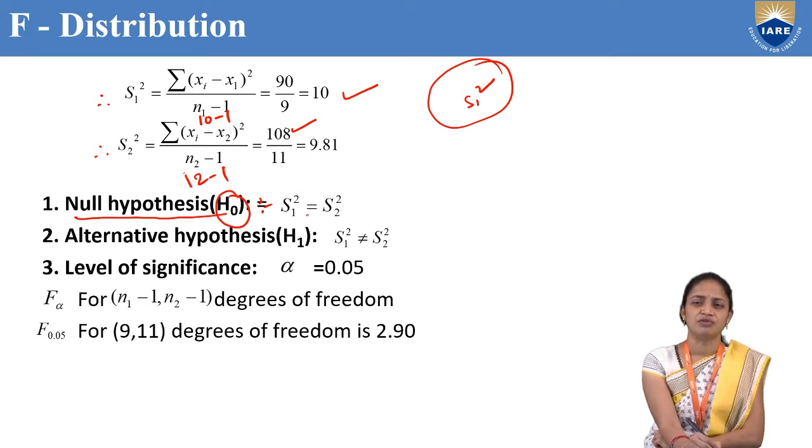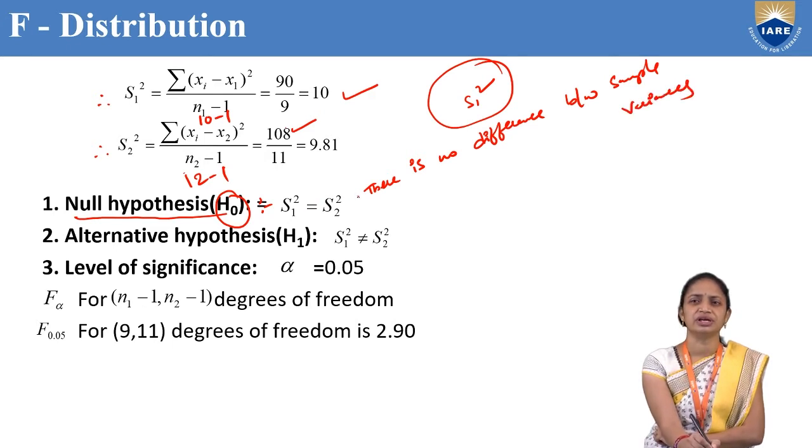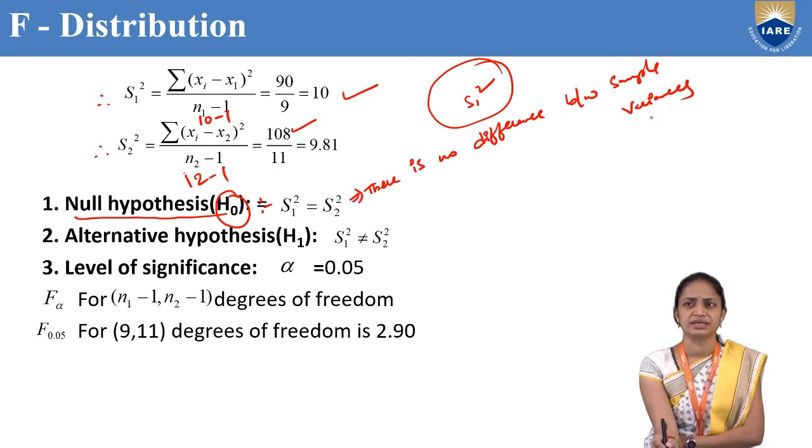So here what is the meaning of s1 square and s2 square? There is no difference between sample variances. So s1 square equal to s2 square. The meaning of this one is there is no difference between sample variances.